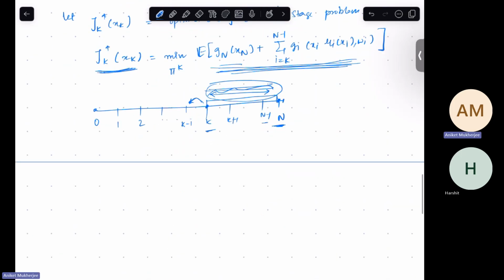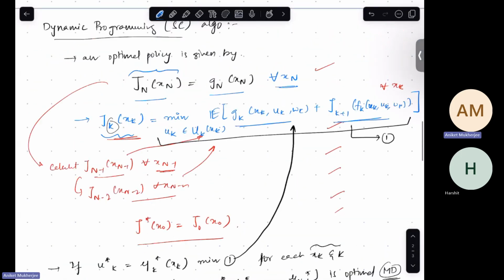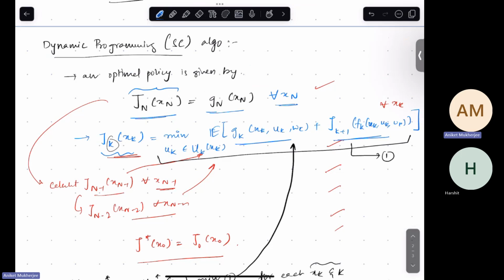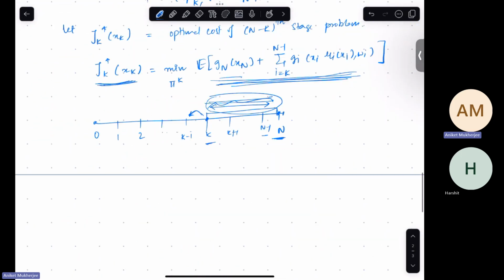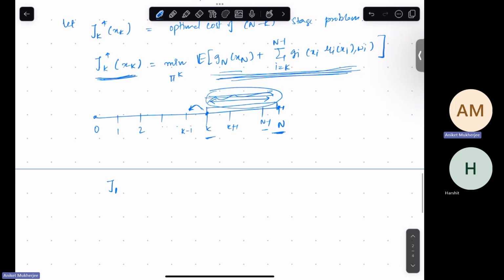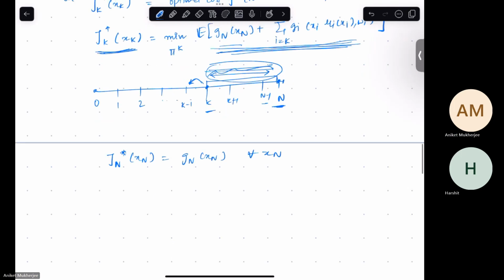From the definition of the dynamic programming algorithm, the cost at the terminal stage is g_n. There is no other option; you can't choose anything in the terminal cost. So basically J_n star of x_n is g_n(x_n) for all x.